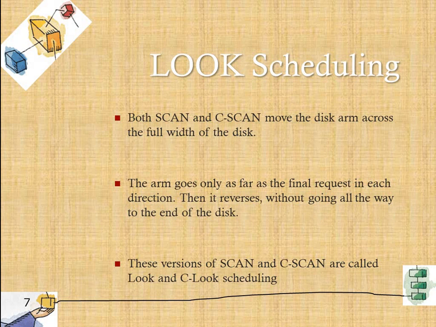It then reverses without going all the way to the end of the disk. This version of the SCAN algorithm is called the LOOK algorithm, and C-SCAN is called the C-LOOK algorithm.